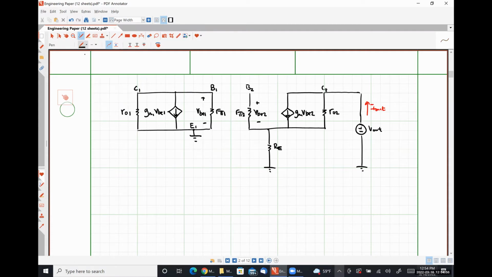And one last thing that I need to do here, my bases are tied together. Okay, so let's start with, are we in accord that this is what our small signal model should look like? This is the emitter of transistor Q2. Anybody see any problems or anything?